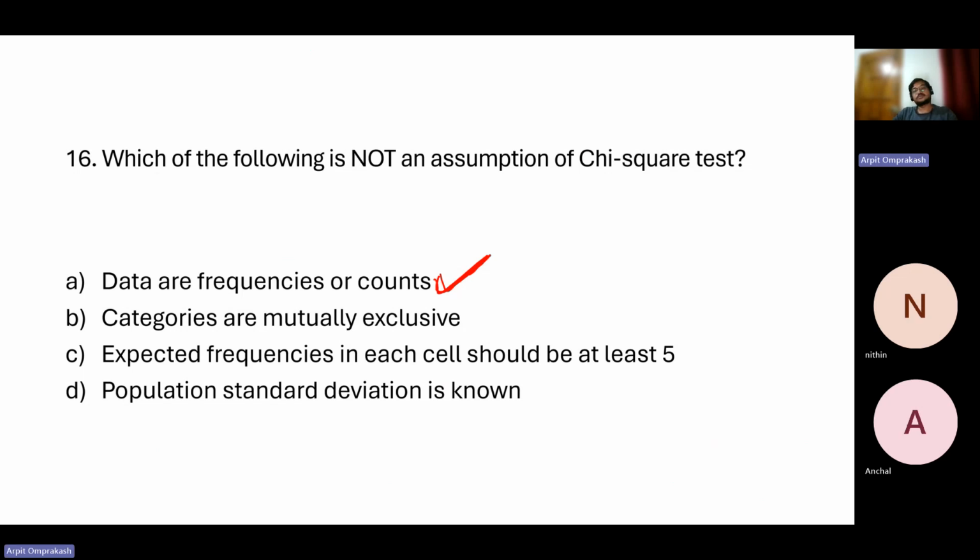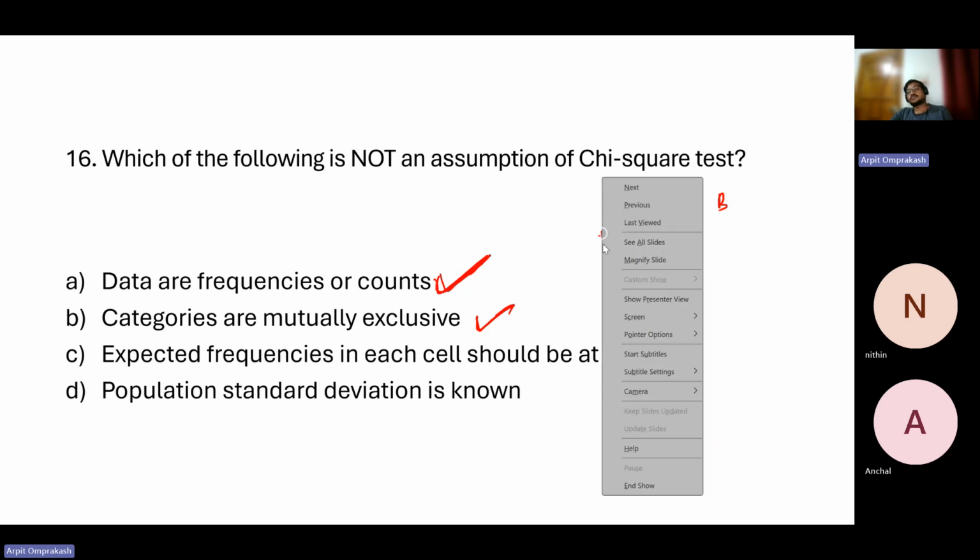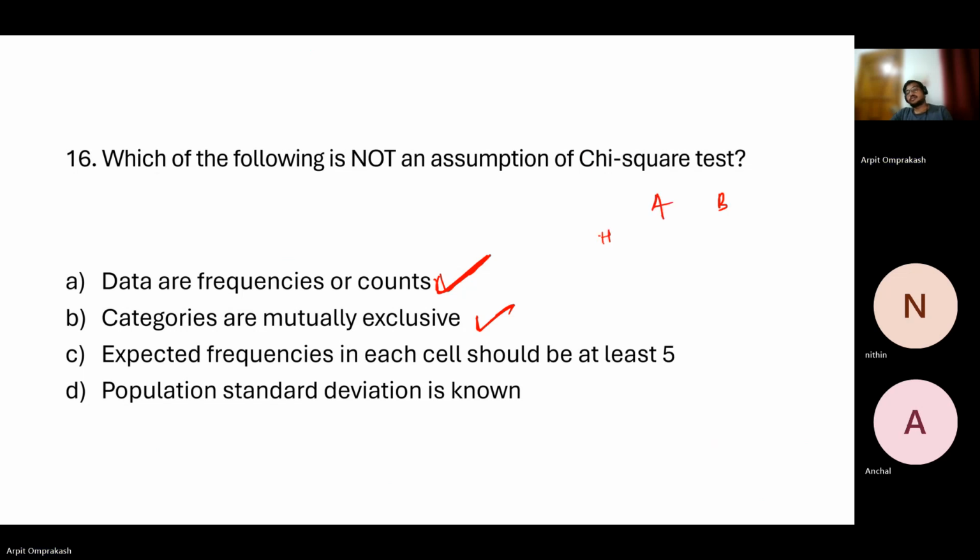Right. So actually that is also true. If you are looking at a chi-square test and you have different categories, for example, we have a drug A, drug B, and we want to see the number of patients healed, number of patients not healed. Right.